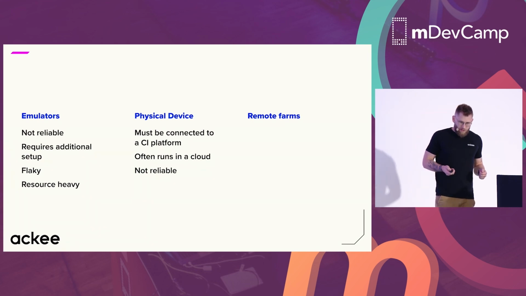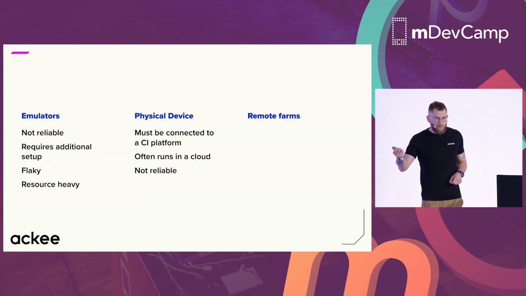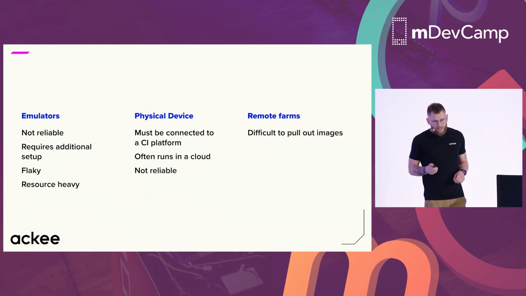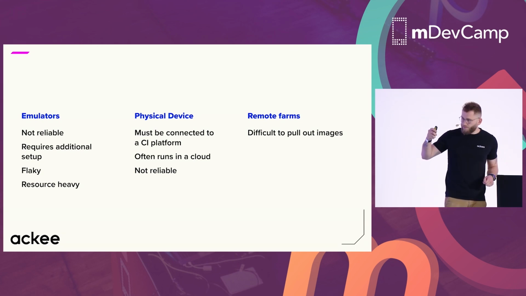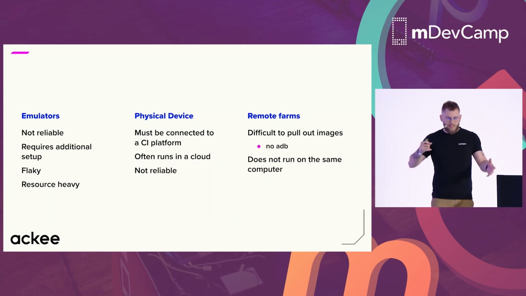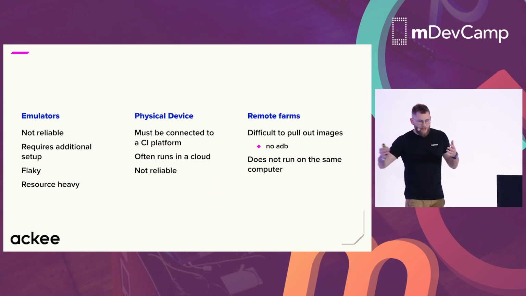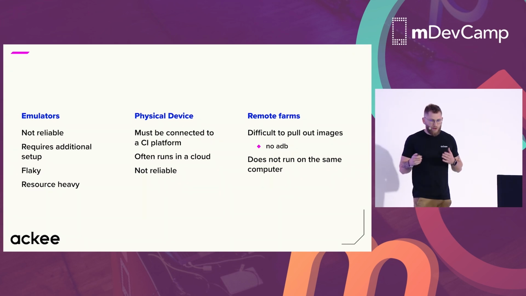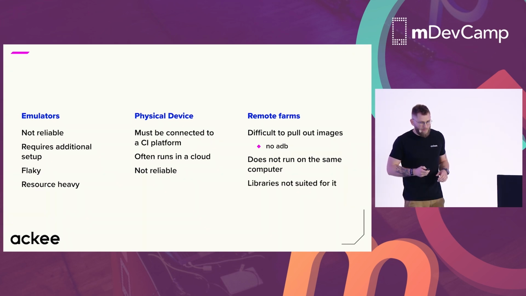Then there is another option to use remote farms, for example TestGrid or Firebase Test Lab. But since all of the libraries use ADB to pull the images out, it usually doesn't work because the device is not running on the same computer as the test. So you would need to perform some additional work to actually pull the images out.